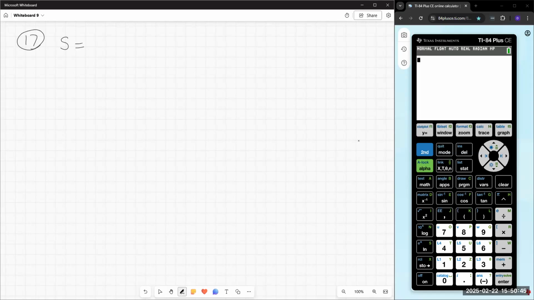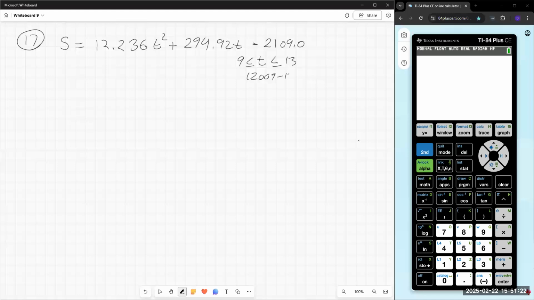S is equal to 12.236 t squared plus 294.92t minus 2109.0, and t is between 9 and 13, representing the years 2009 to 2013 inclusive.